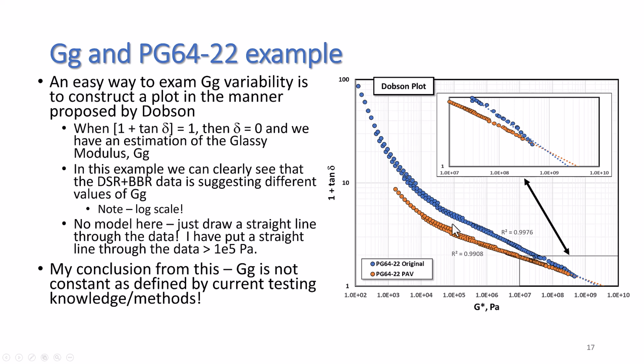So the suggestion here is that as materials age or condition, either in the field or in the laboratory, they change. And the conclusion that I make from this is that the Glassy modulus is not constant as defined by our current testing methods and knowledge.